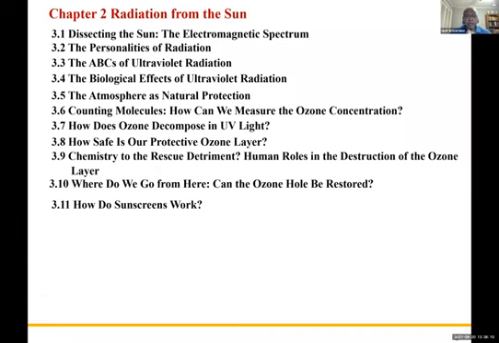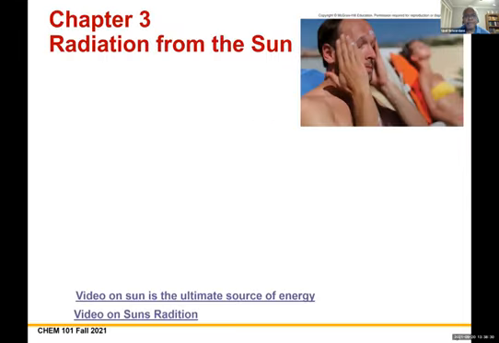So finally, we're going to look into certain things that we do to protect ourselves from sunlight, like sunscreen, wearing clothes, hats, etc. So these are the topics we're going to cover in this chapter. What is sunlight and what are its properties?